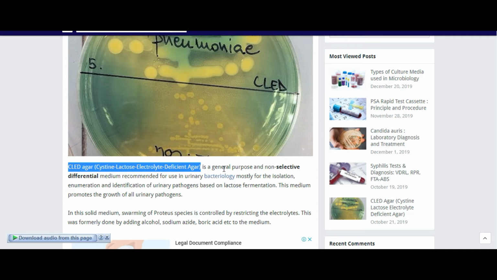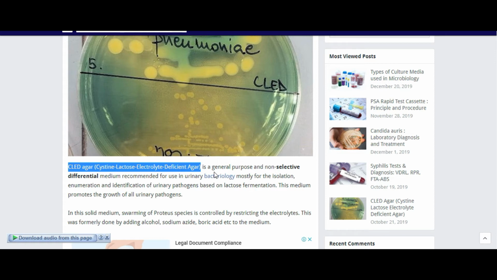So CLED Agar is a general purpose media, meaning it can grow almost all types of microorganisms. You can use it to culture almost all kinds of bacteria. And it's non-selective differential, meaning though it's a general purpose media, it contains some properties which enable it to differentiate each type of bacteria.